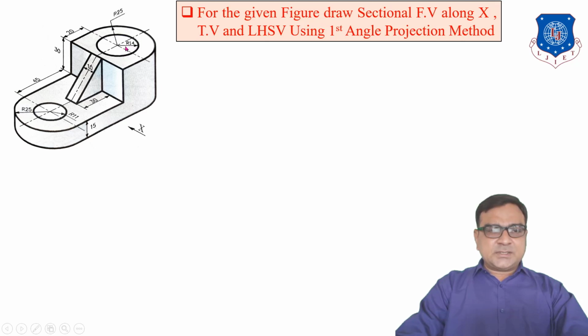The hole starts from the top and ends at the bottom. Now, this hole is of radius 11 and this is a semicircle of radius 25. The center of the hole and semicircle is the same. Here also the center for this circle and this semicircle is the same.